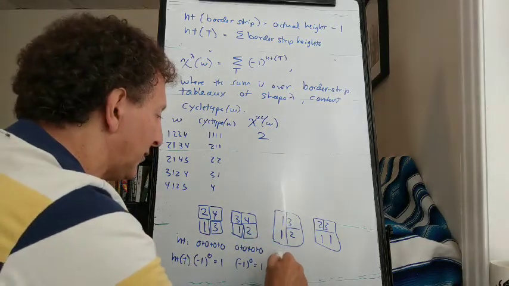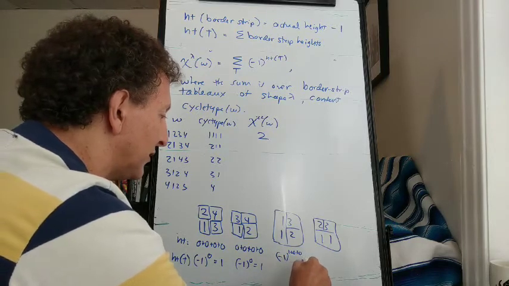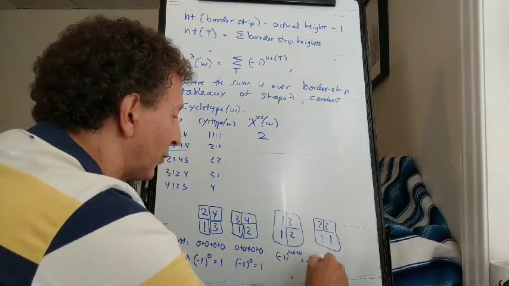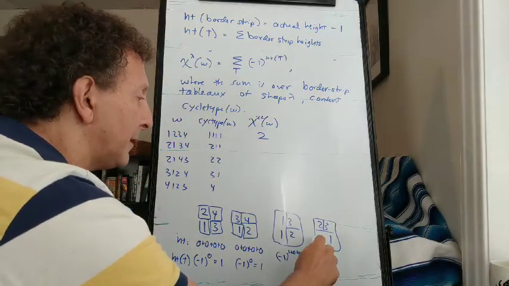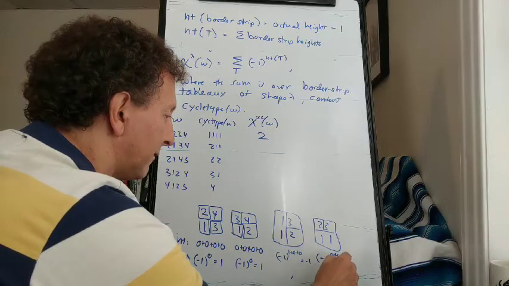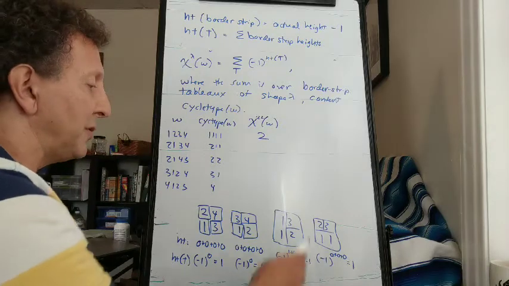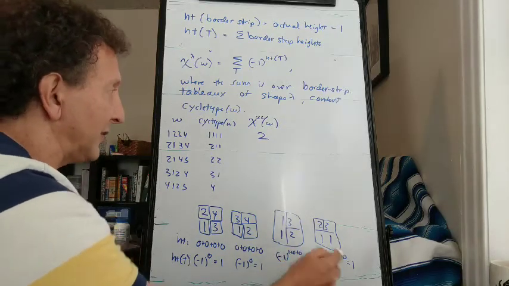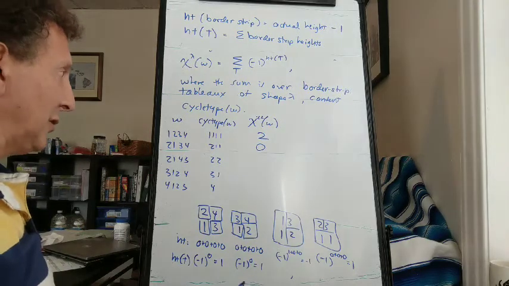So we've got negative 1 to the 1 plus 0 plus 0, which is negative 1, and negative 1 to the 0 plus 0 plus 0. Then we add together our contributions of negative 1 and 1, and we get 0. So that character valuation is 0.